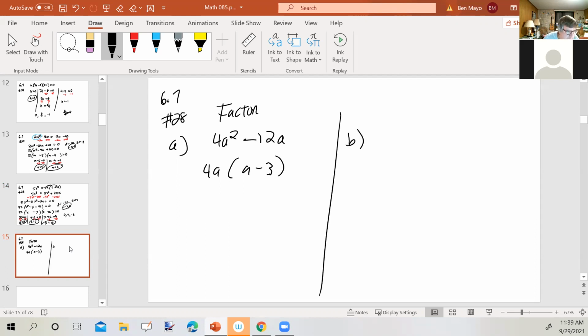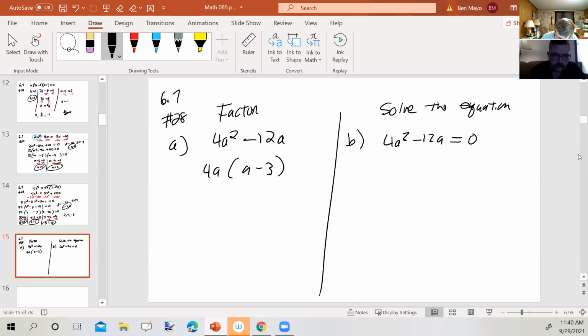Part B says solve the equation, 4a squared minus 12a equals 0. So notice the equal sign. This is an equation. We can solve it. It's already in standard form, set equal to 0. Factoring the left-hand side, we get 4a times the quantity a minus 3 equals 0.